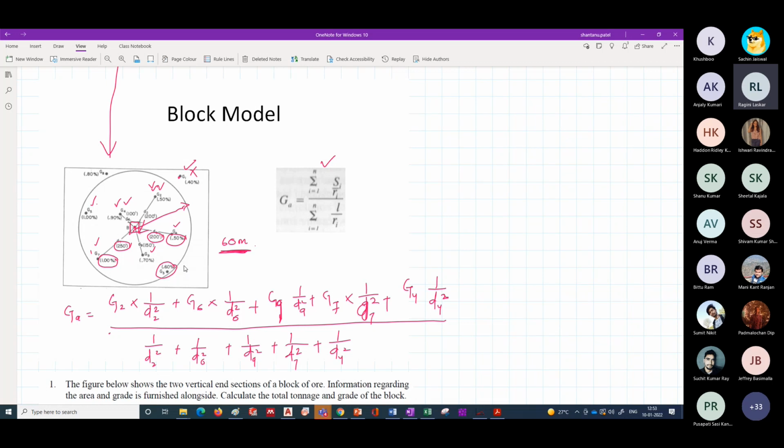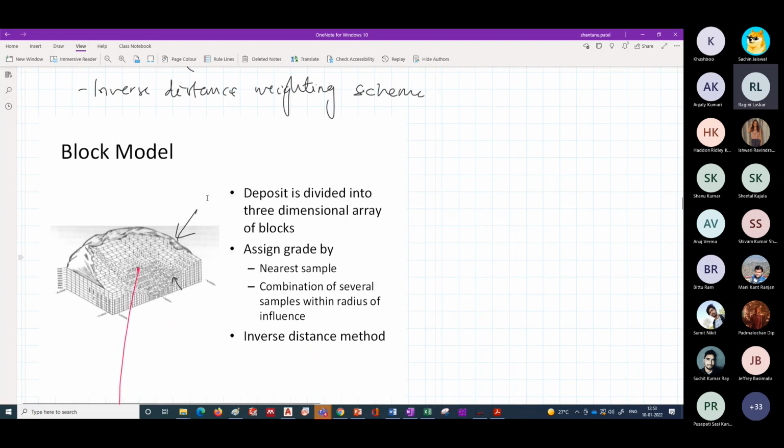So how do we name the values like G1, G2 up to G8? It's a kind of random location of the boreholes. So these are fixed, and maybe another block is somewhere here, the second block. It will be continuous blocks, right? Yes, everywhere the blocks are there, if you see this picture.